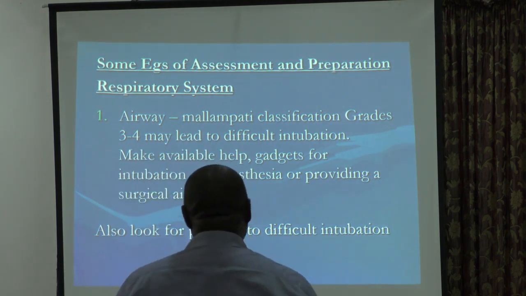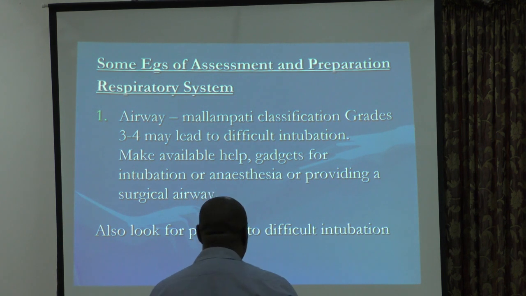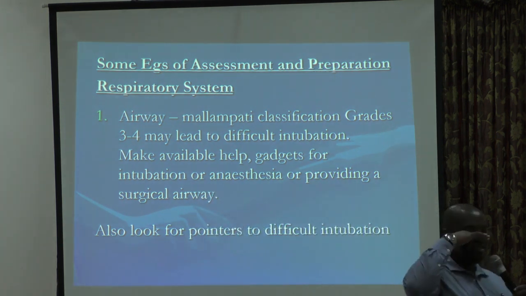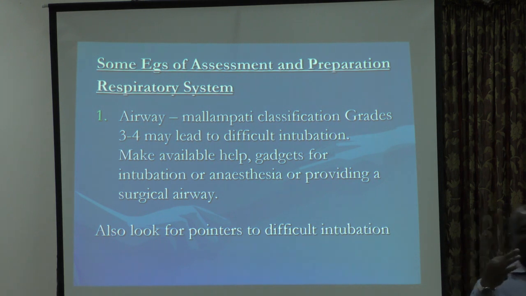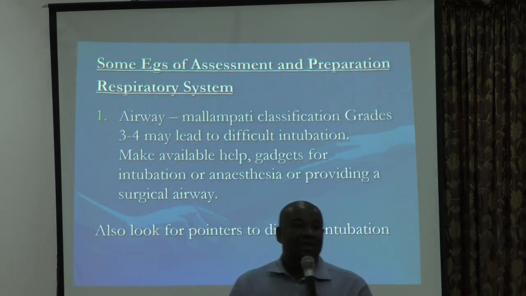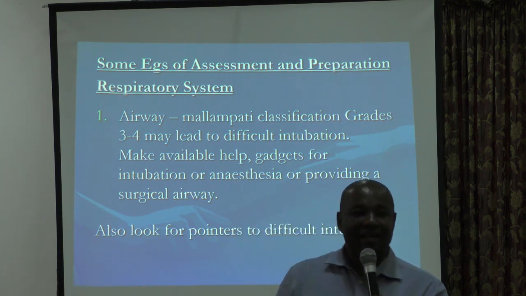So airway, Mallampati classification grade, we basically look at the ease of it. We let them open their mouth at the same eye level as us and stick out their tongue. And what we're just trying to see is how far we can see. Can we see the tonsils, the uvula, the cords? If you can see as far as that, you have quite a good airway.